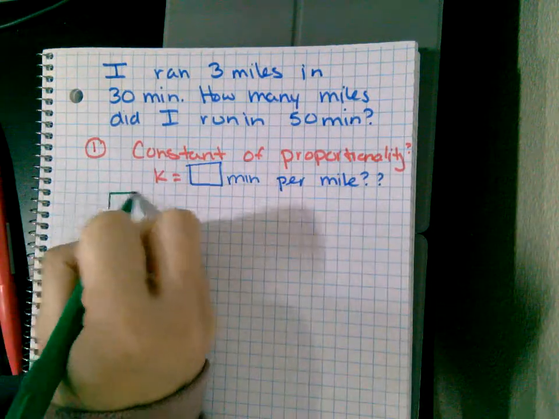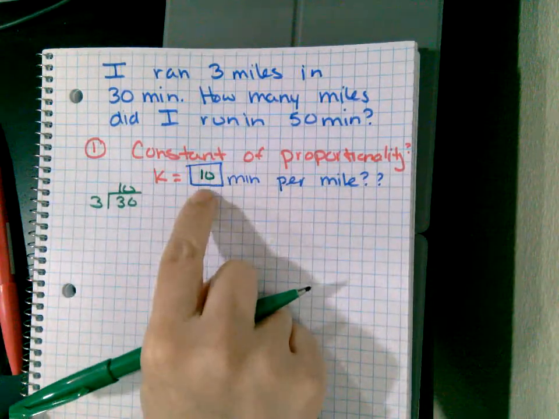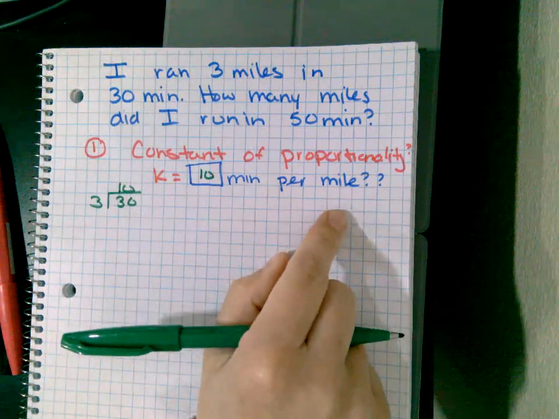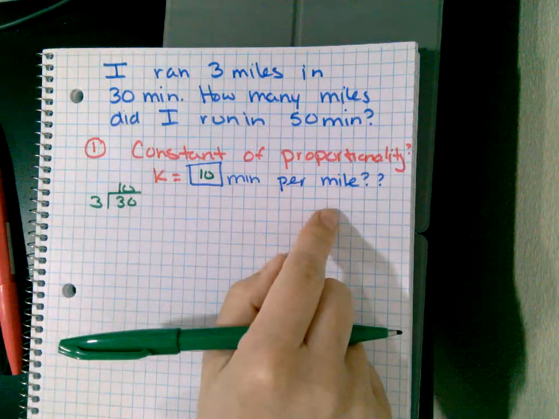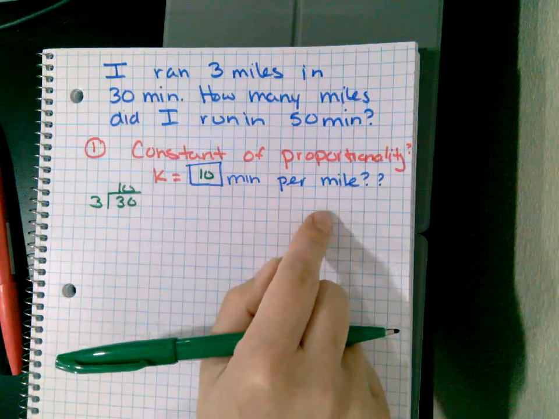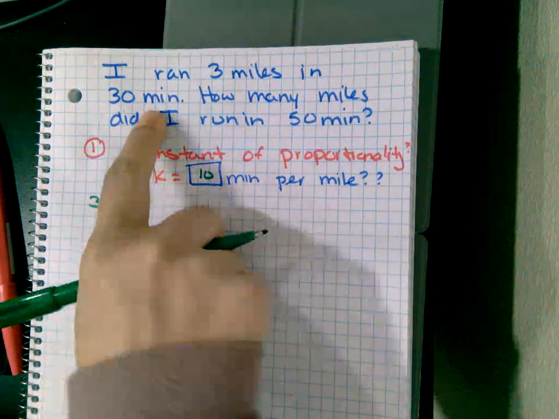So if I divide this, 30 divided by 3, I get 10. So that means it's 10 minutes per mile. A 10-minute mile. That's not bad, right? So each mile, it takes me 10 minutes. 1 mile, 10 minutes. 2 miles, if it's a constant rate, 20 minutes. 3 miles, 30 minutes, right?